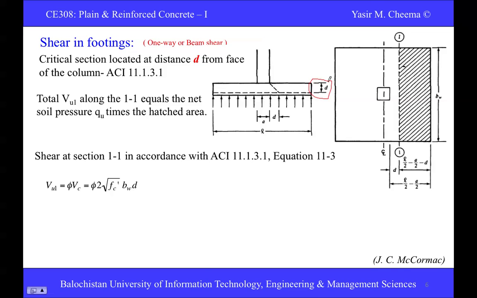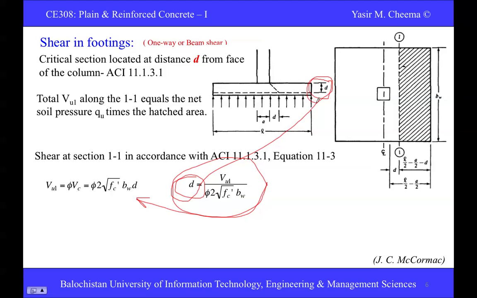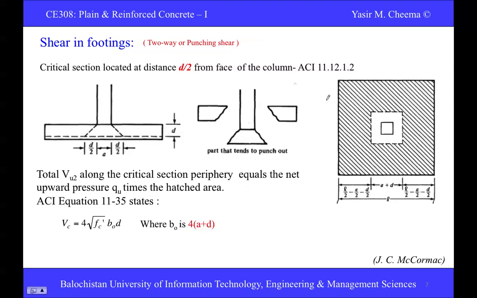To find the calculated thickness, we use this formula here, which is derived from this formula. This d will give us the calculated value. Then we compare this calculated d with the assumed d, and decide whether our design is okay or not.